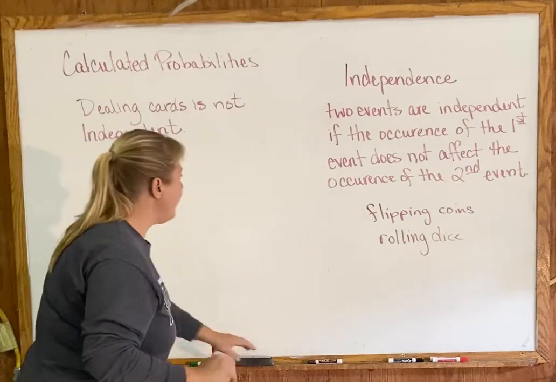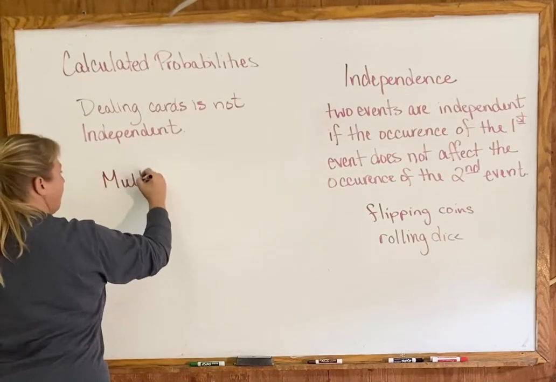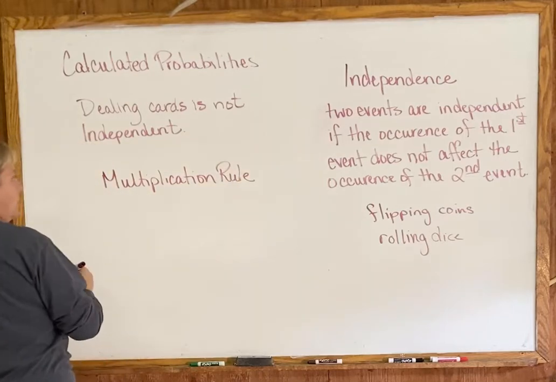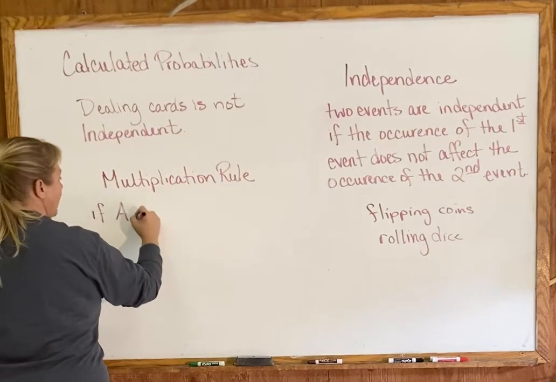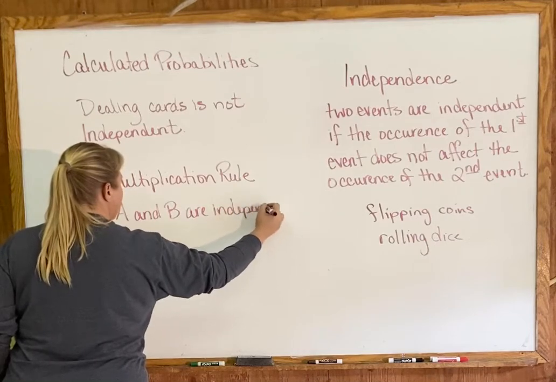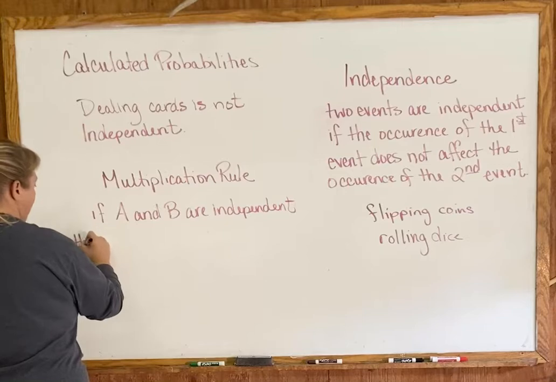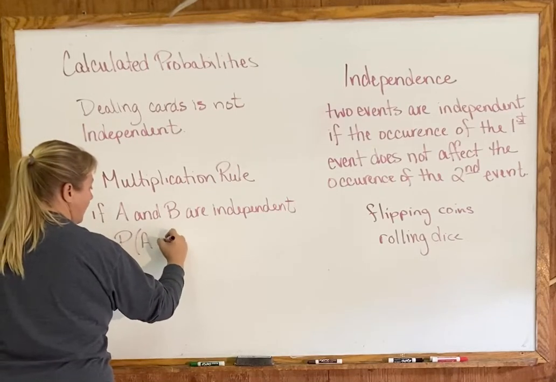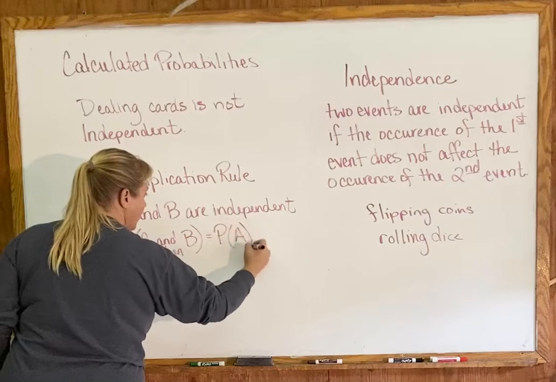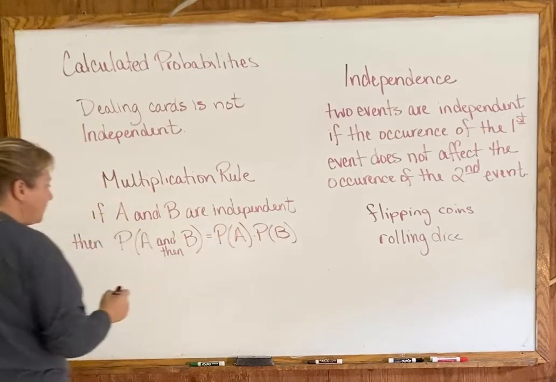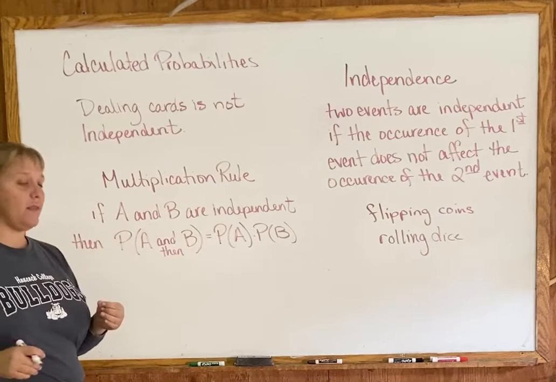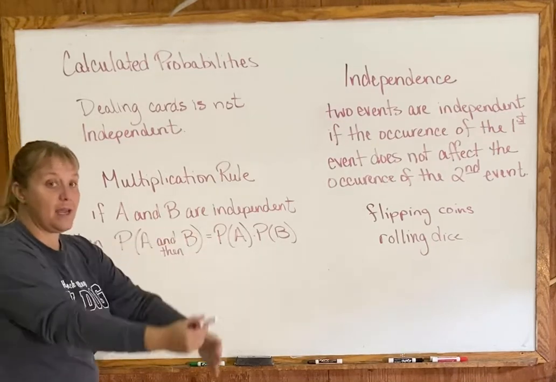All right, so what that leads us to is the multiplication rule, which says if A and B are independent, then the probability of A and then B is equal to the probability of A times the probability of B. So the idea up here is that it's going to be the probability of A and B, but I include the then because what needs to happen is you need to do one event and then another, one after another.